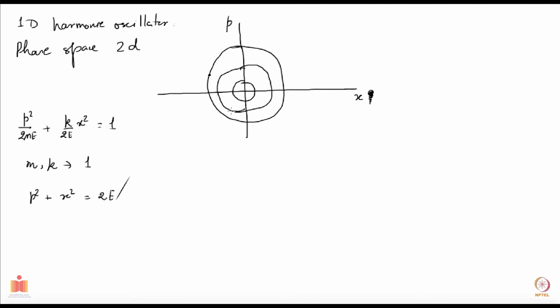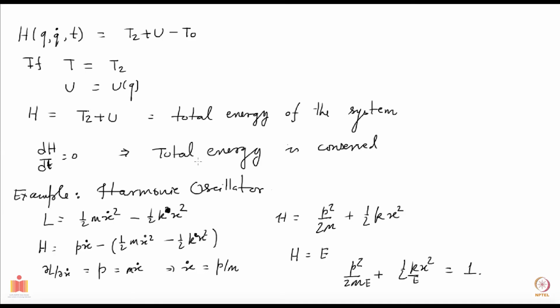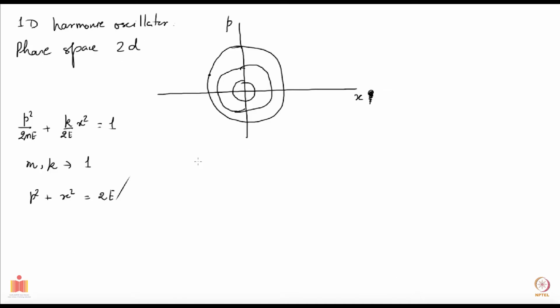I hope that is clear, because if you specify the coordinates at a given time, all the coordinates, in this case it is only one, and all the momenta, that represents one point in your 2n dimensional space. So your system is going to be represented by a single point in phase space. Let me write this down anyway.